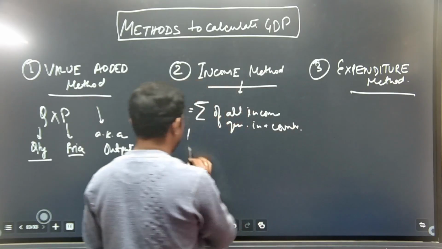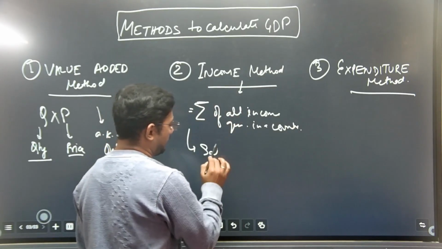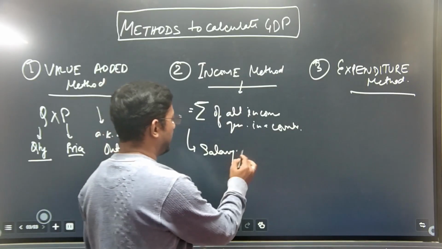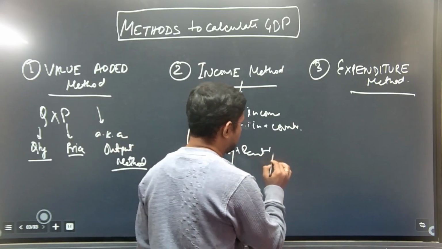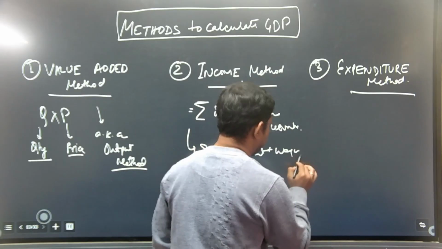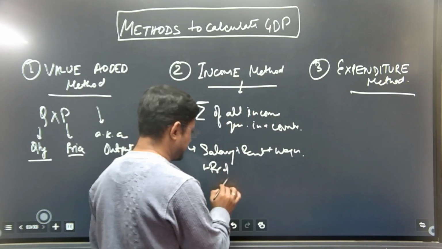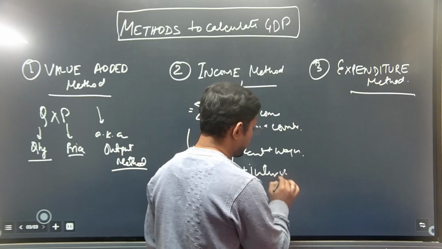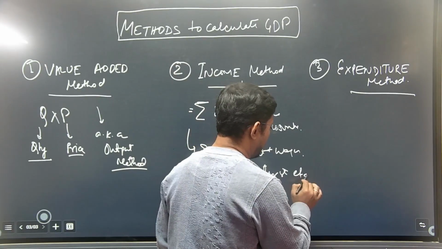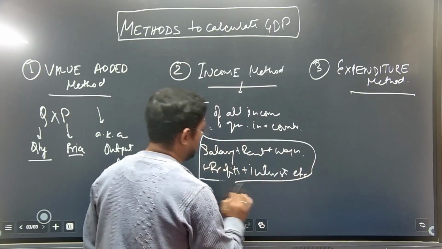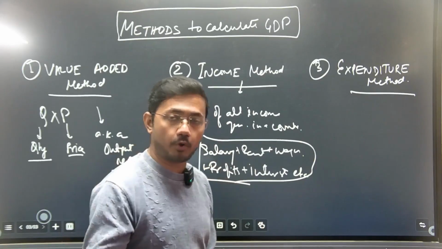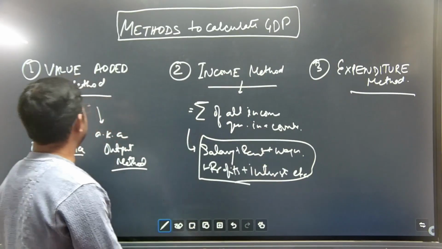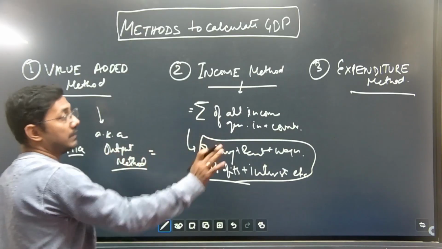Say in India, the salary that people are getting, plus rent, plus wages, plus business profits, interest, etc. Whatever income people are getting in India, if you sum up all that, we will get the GDP under the income method. And interestingly, the GDP must be equal in every method.